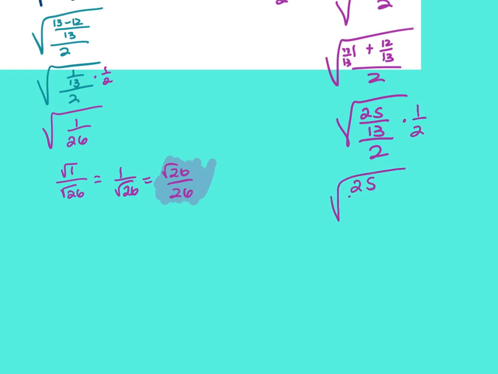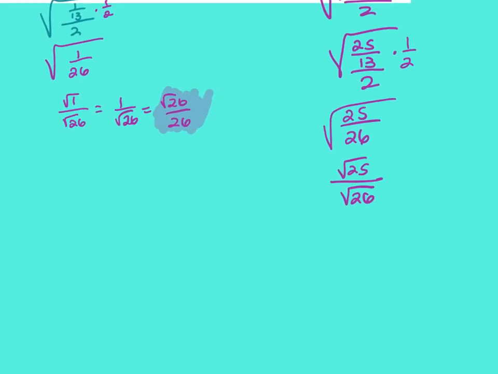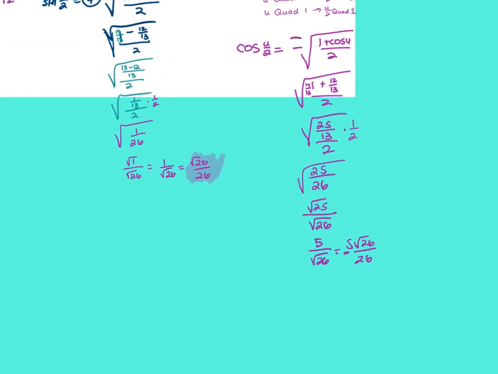Square root of 25 over 26. Square root 25 over square root 26. 5 over root 26, which becomes 5 root 26 over 26. But it's negative because we said the cosine at this halved angle would be negative because it's in the second quadrant.